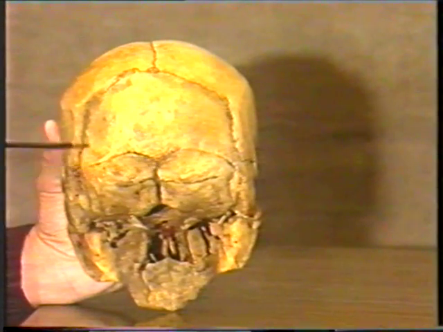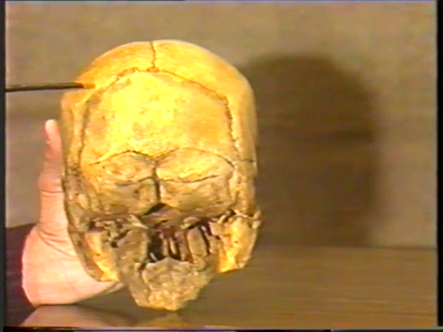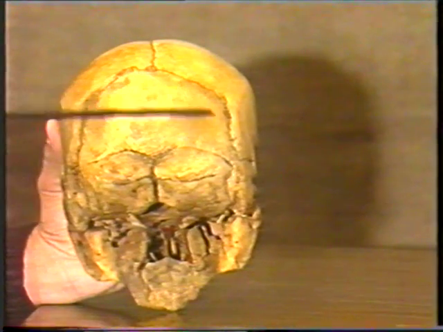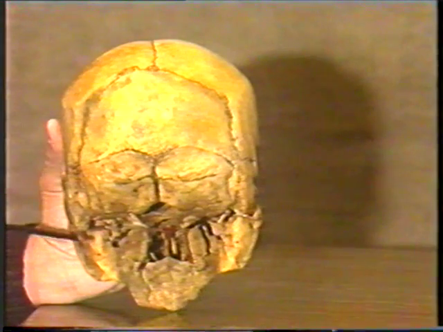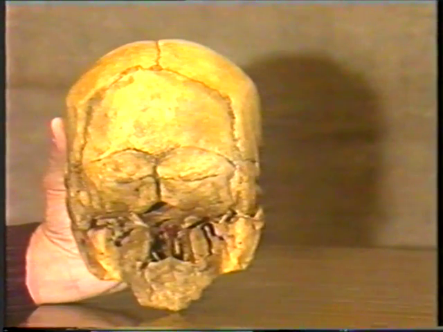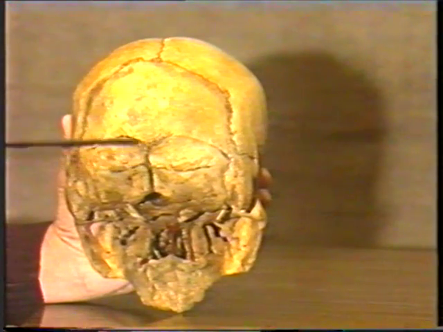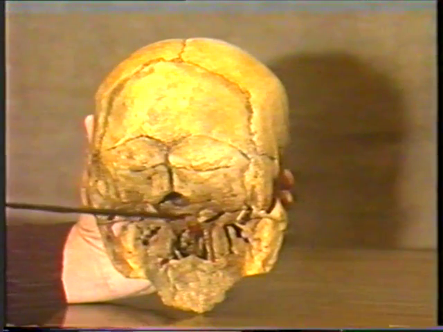Now we shall move to describe the posterior aspect of the skull, or norma occipitalis. This aspect is formed by the occipital bone, mastoid parts of the temporal bone, and parts of the parietal bones. This surface presents the external occipital protuberance, which is a median projection present midway between the lambda and the foramen magnum.